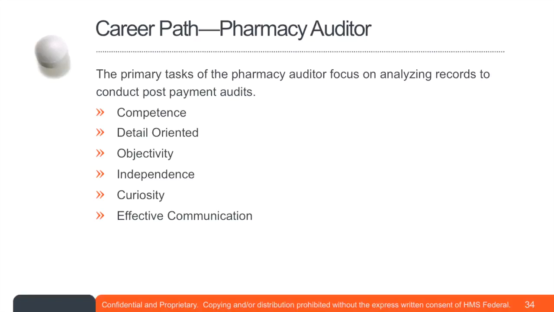Independence goes along with that: when a pharmacy comes up for audit, you need to be independent from them so there won't be any type of conflict of interest. And also effective communication, written as well as oral, is probably important in any pharmacy setting.